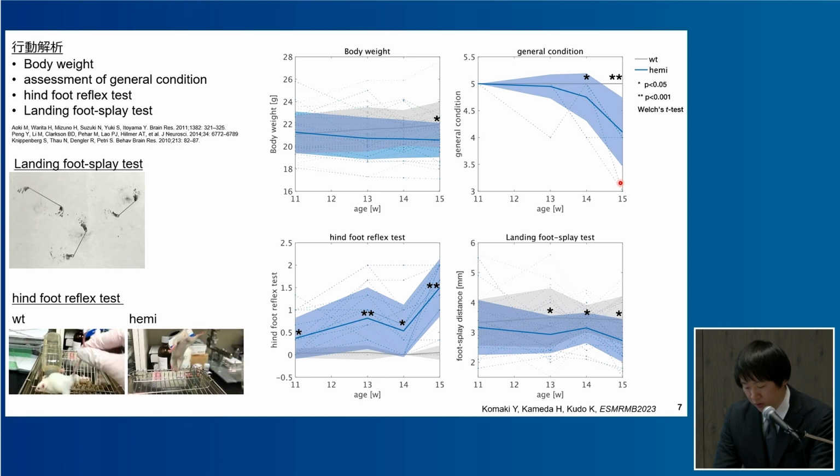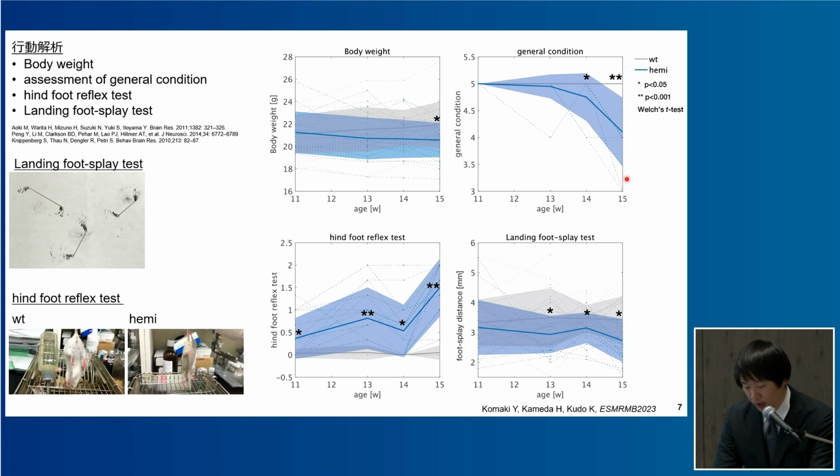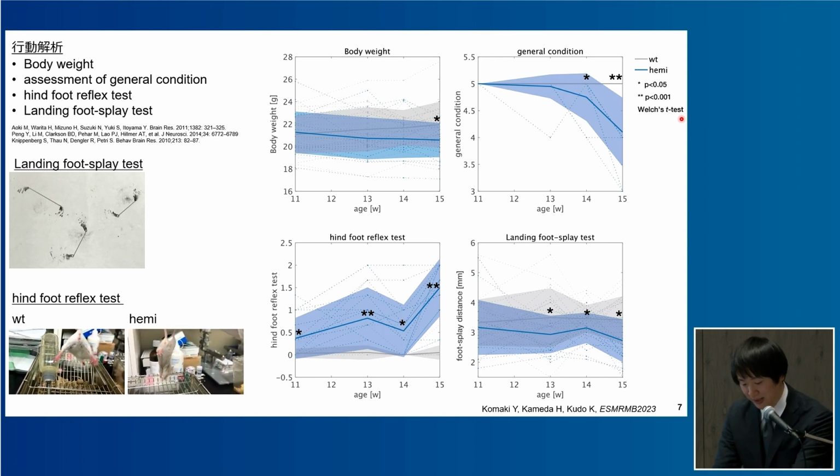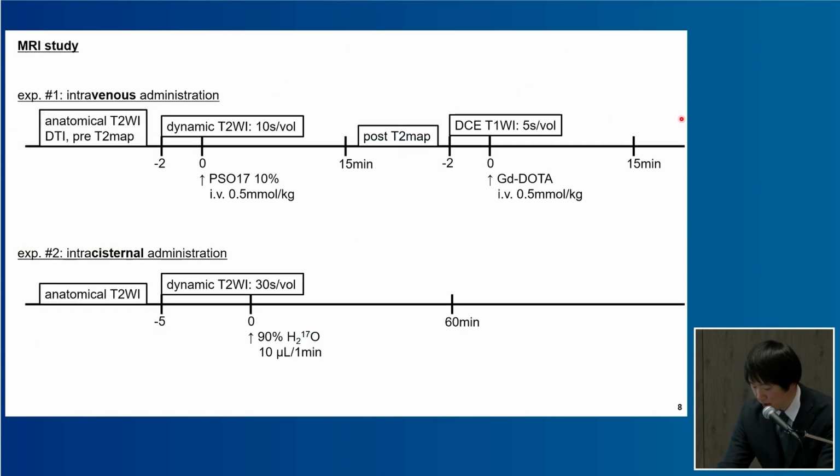As abnormalities were observed at 15 weeks, we defined this as onset. MRI was performed at 11 weeks, when no abnormalities were observed, and at 60 weeks as post-onset.